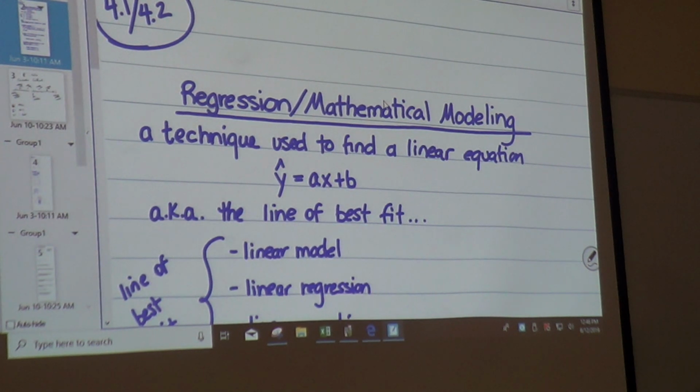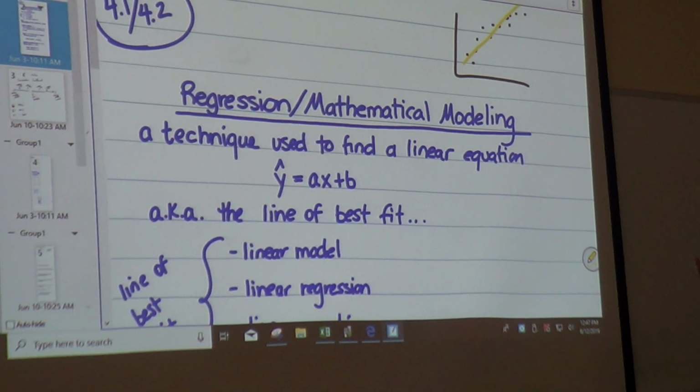Linear regression is where I'm going to be giving you a bunch of real life data points, and we're going to find the line that fits among all those points. That's the line of best fit, called the linear regression.